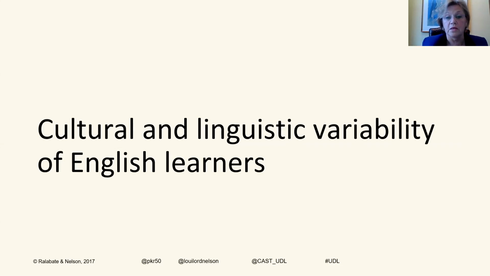So what we've done in the book for you is to connect what we know about learning English as a second language or a dual language with what we know about UDL. I did happen to see in the chat someone asking about the great chart that Louis had just put up, connecting the two frameworks.